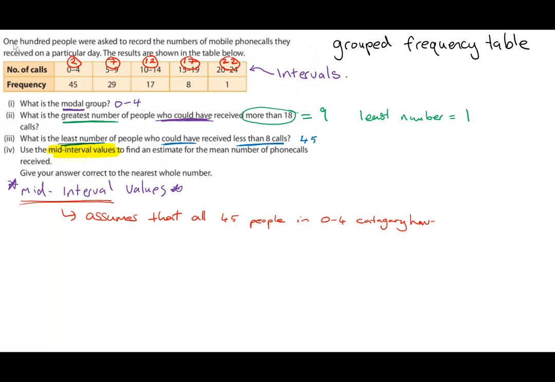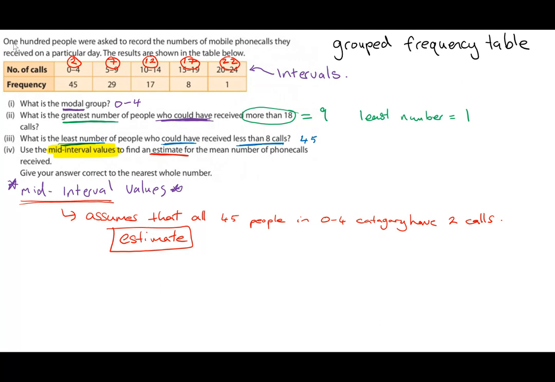Or at least it assumes that the average of all of the calls in the 0 to 4 category is 2. So it's only an estimate, because if I knew what all of the individual values were, it would be much more beneficial, because it would give me an exact result. Using mid-interval values only gives me an estimate, but it gives me a good estimate.